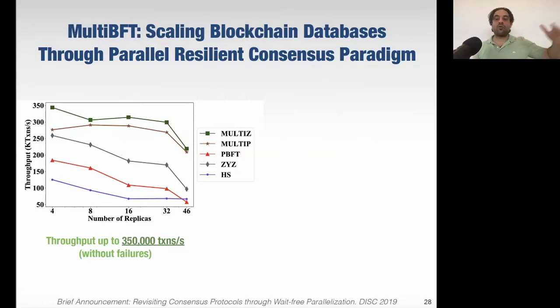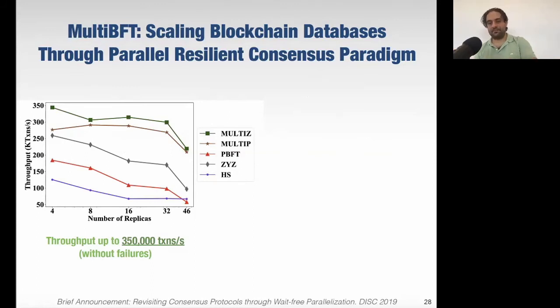That's a long way from 100 transactions per second to 350,000 transactions per second. And even today, Bitcoin still remains at 7 transactions per second. That shows the great progress that my students have been able to achieve in the last several years.